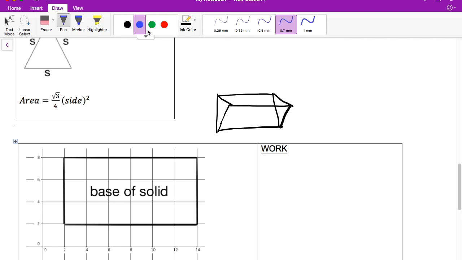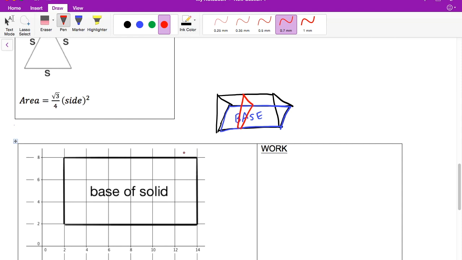Okay, that's pretty good. So I'm gonna shade the base in blue just to make it a little bit easier to see which one it is. So here's the base, and that's what we are given in the graph. And so we have equilateral triangle bases.